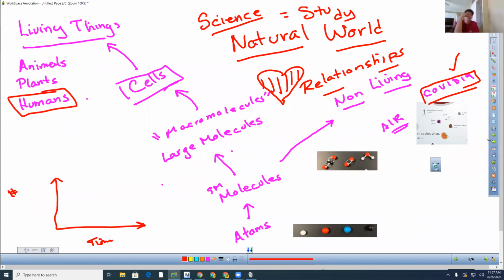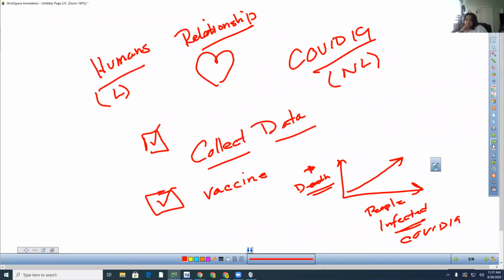What do you guys think? What's the vaccine? Cells. Nope. Go lower. Molecules, that's right. The vaccine is actually a very large molecule.